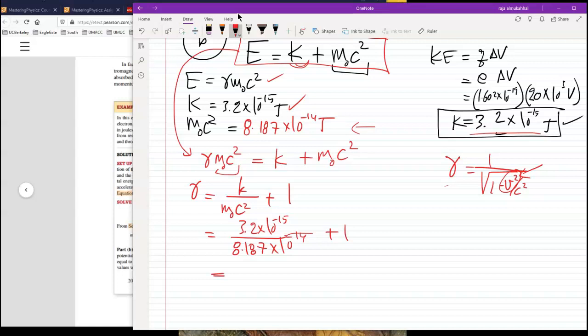Go ahead and calculate with me, see if we get the same answer. 3.2 e negative 15 divided by 8.187 e negative 14, and then we add 1 to it, and that will be equal to 1.039. That's the gamma factor.